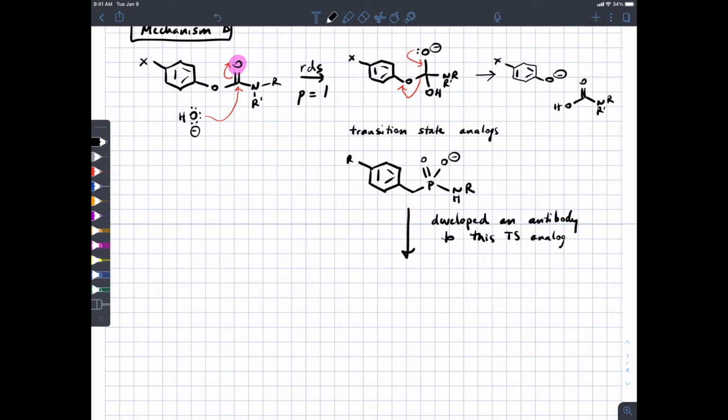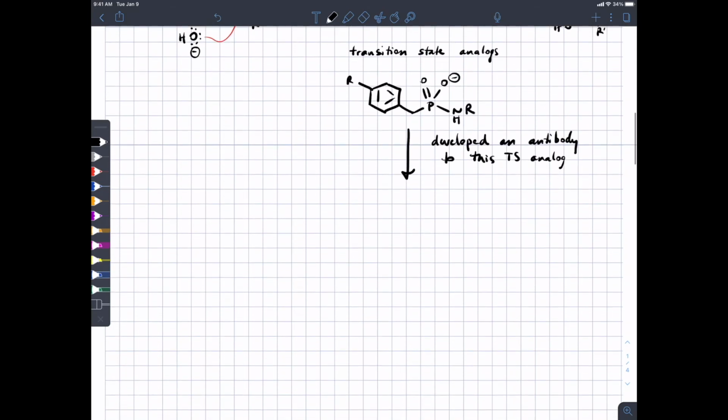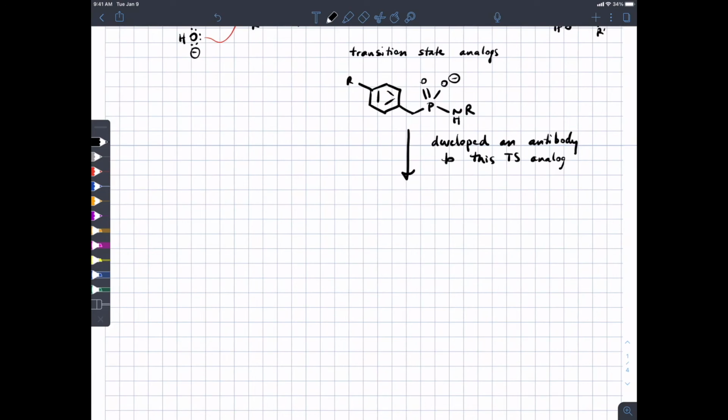How do you do that? Well, I think you actually have to take an organism and inject it with the compound and try to grow up antibodies. Probably you end up making a monoclonal antibody via the hybridoma technique. You want to know more about that, Dr. Savage can sure tell you. I probably can't.